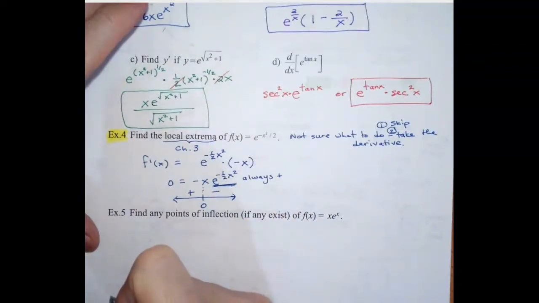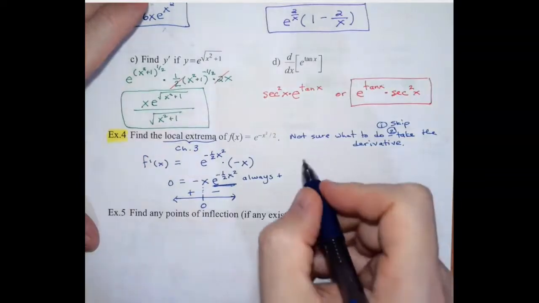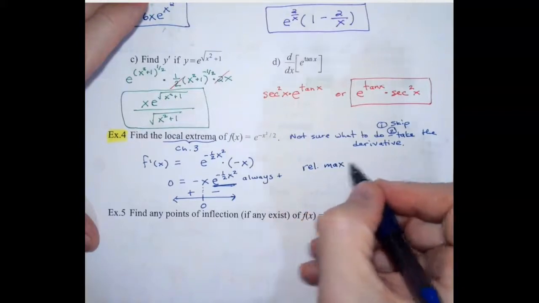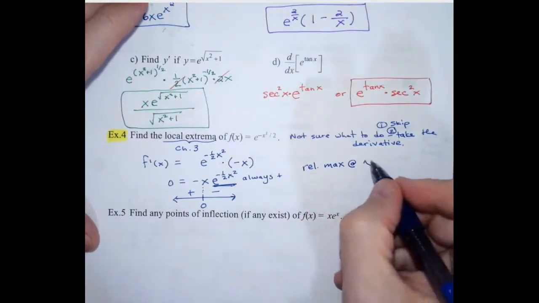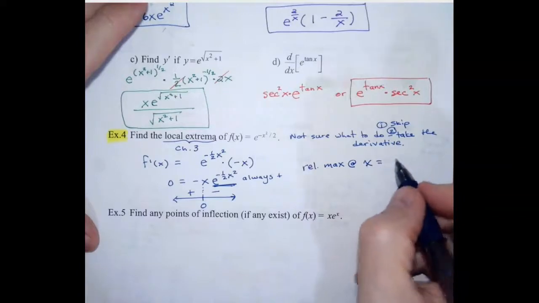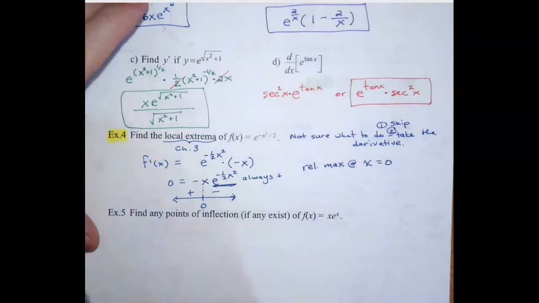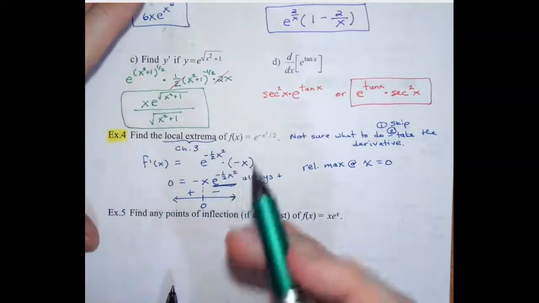Okay? So if we look at this, we have a relative maximum at x equals 0. Now, it doesn't say where, it says find what it is.